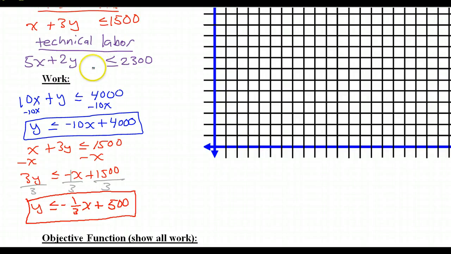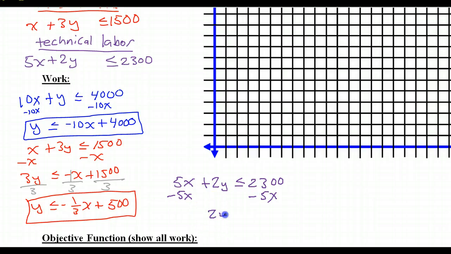Now the third constraint. Let me just recopy it over here. So I've got 5x plus 2y is less than or equal to 2,300. So I need to subtract 5x from both sides. That's going to give me 2y is less than or equal to negative 5x plus 2,300.